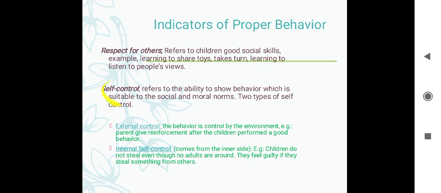And then self-control, this is actually a crucial situation. Some children at home, they're able to control themselves, but when outside, they're unable to control themselves. They become aggressive, they are hyper, they are shouting. So this actually is the behavior that shows whether they are in control or they're able to show the proper behavior.